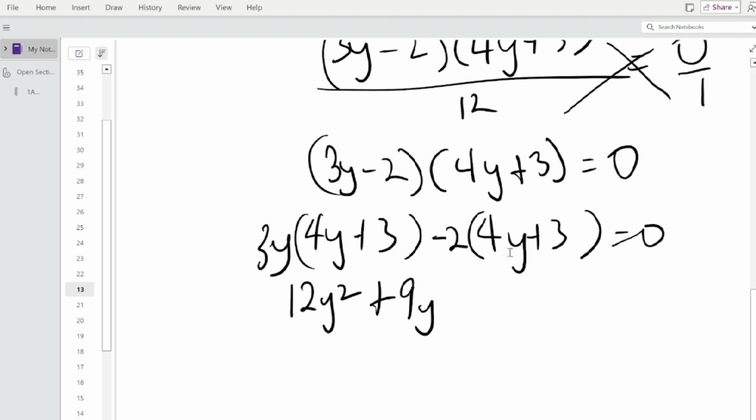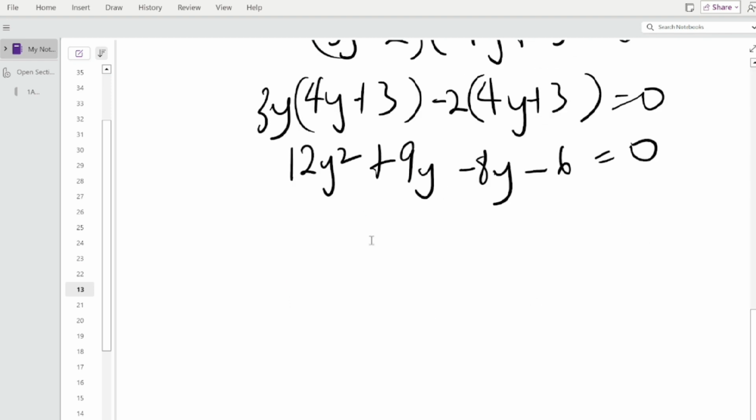Then you have minus 2 times 4y. That's 2 times 4 is 8. Then the 4 has a plus. Plus times minus is minus. Then you have your y. Then you have minus 2 times plus 3. As minus times plus is minus. 2 times 3 is 6 equals 0.